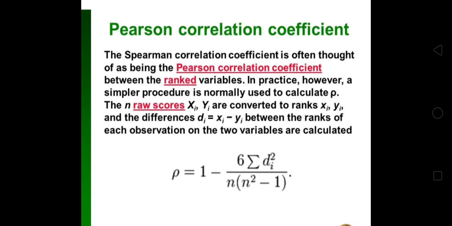The n raw scores xi and yi are converted to ranks, and the differences di between the ranks of each observation on the two variables are calculated. The formula which is applied is rho equal to 1 minus 6 sigma d square divided by n into n square minus 1.